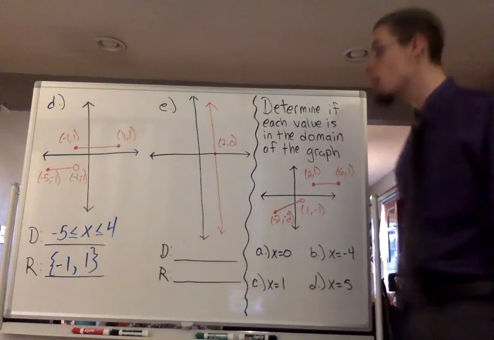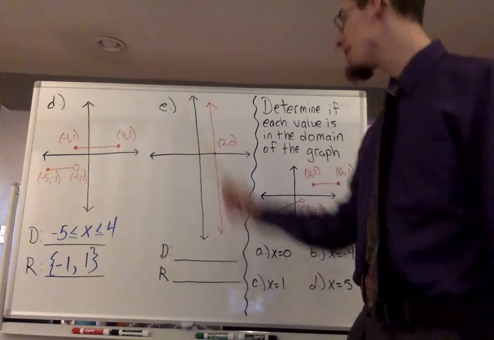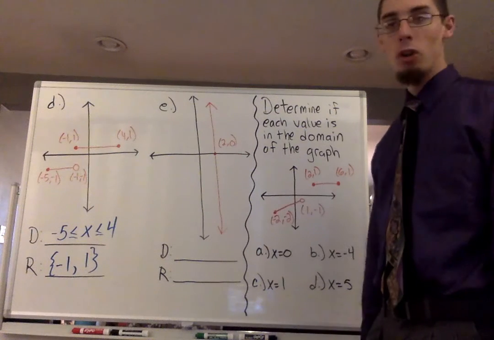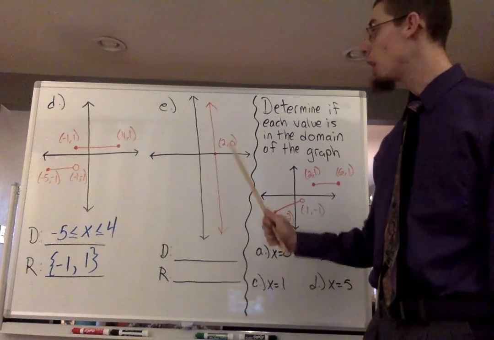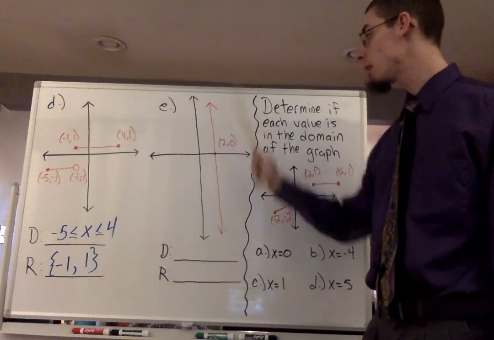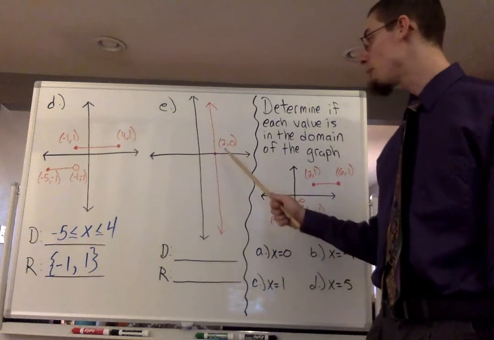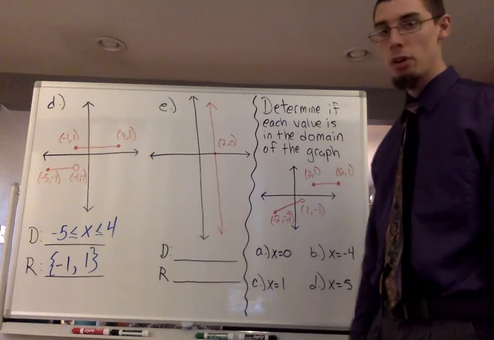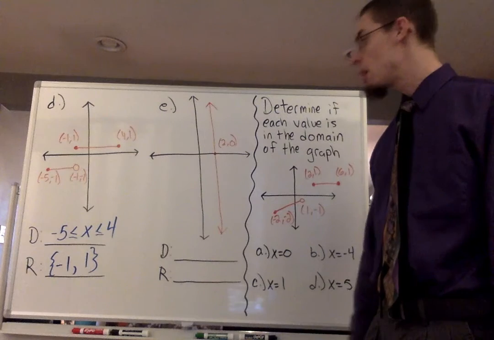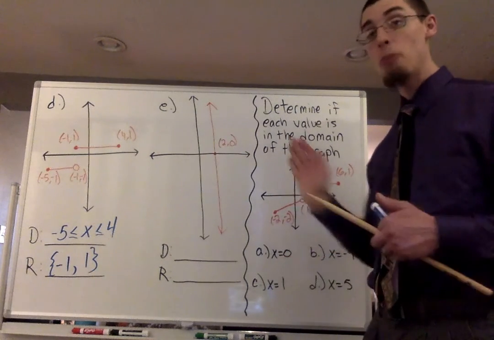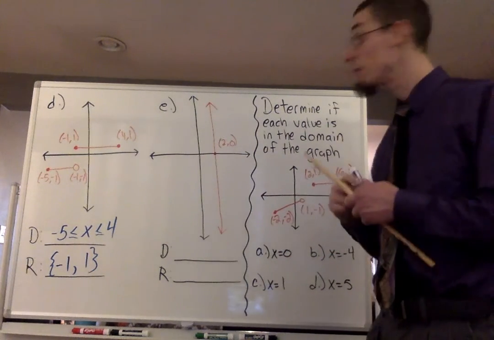Final one here for these exercises, E. You're looking at a vertical line. It goes up forever. It goes down forever. I have the point 2, 0 here. Now, if you think about it, since it's a vertical line, it's not moving left or right.